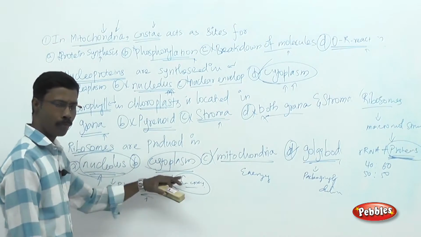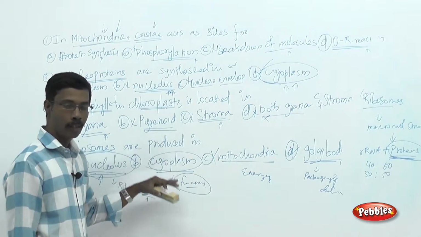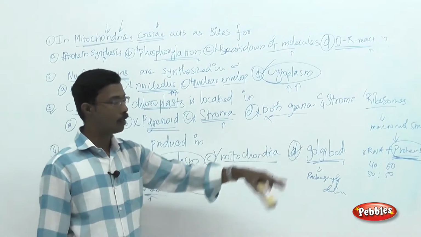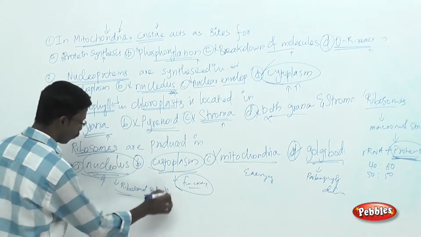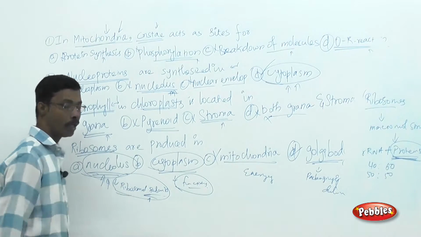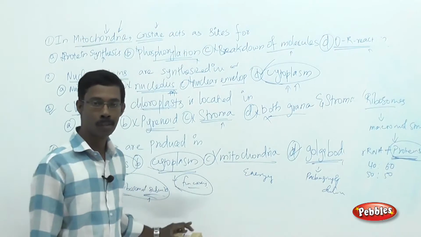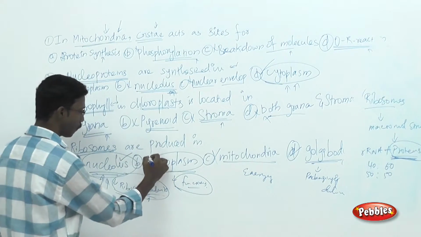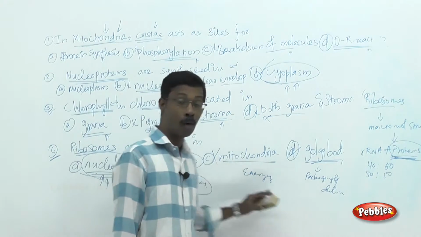Why are you getting confused with these two choices? Because you require cytoplasm to synthesize the proteins for the formation of the ribosomes. And why are you confused with the nucleolus? Because we all know the ribosomal subunits are synthesized in the nucleolus. So you have to choose the answer from these two choices. Now I will explain how to choose.